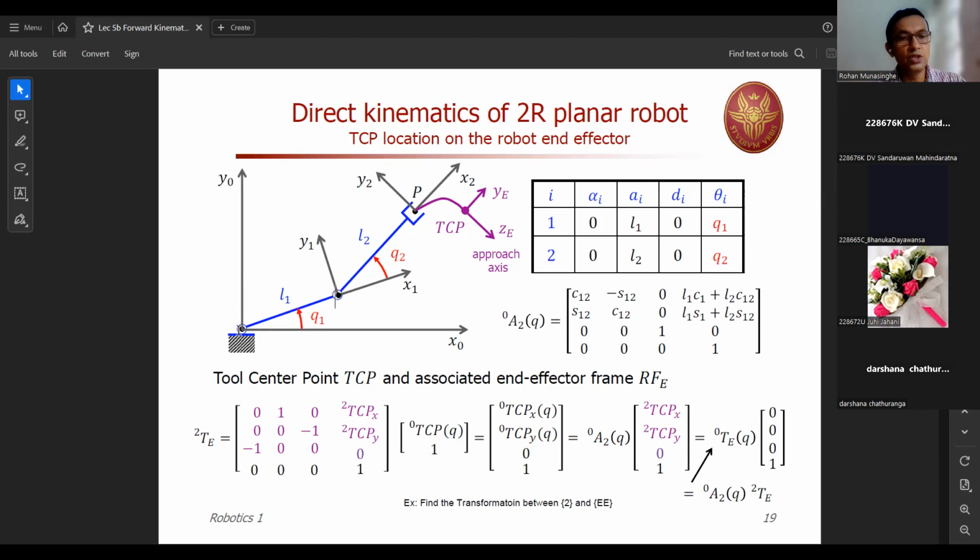So z0 moves along this length to z1. They're parallel to each other, right? You start off at z0 and move to z1 along x1. And that distance is called a. In fact, in our diagram, it is L1.